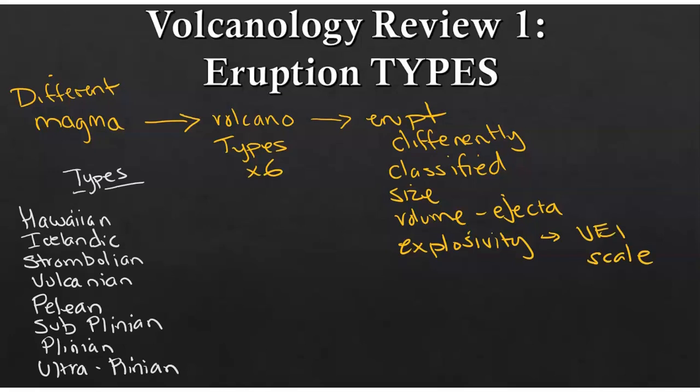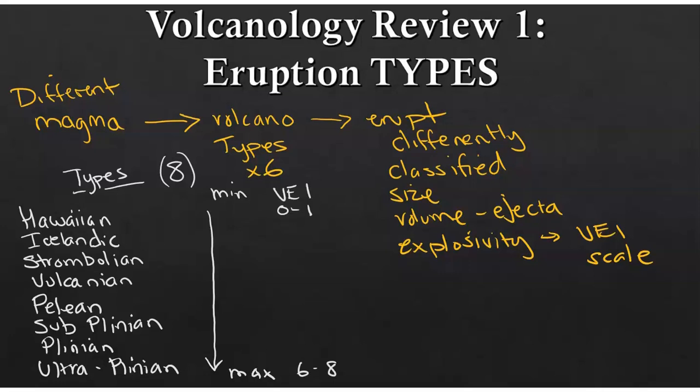Based on this, there are 8 main types of volcanic eruptions: Hawaiian, Icelandic, Strombolian, Vulcanian, Pelean, subplinian, plinian, and ultra-plinian. These are in order of their explosivity from minimum to max. We can also relate this to the VEI scale, which would be from 0 to 1 on Hawaiian and Icelandic, down to 6 to 8, 8 being the max, with the plinian and ultra-plinian.